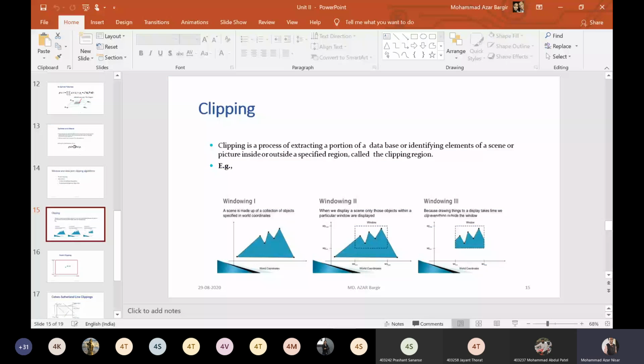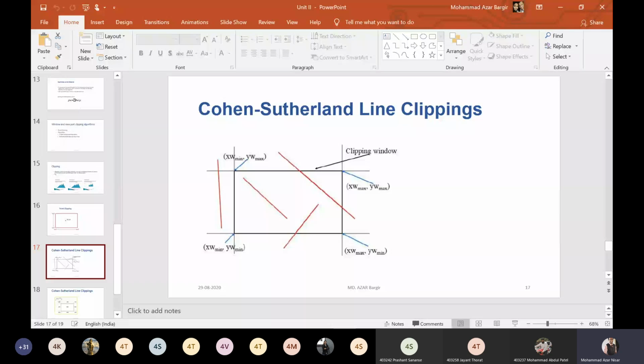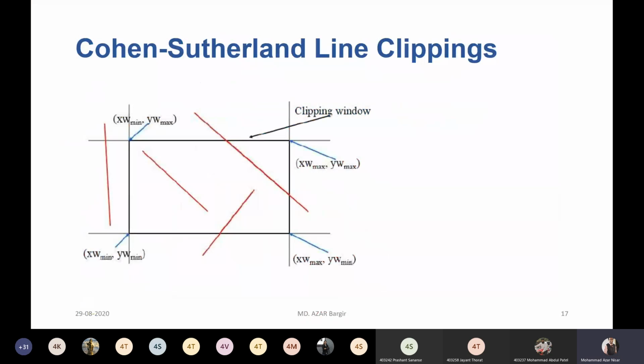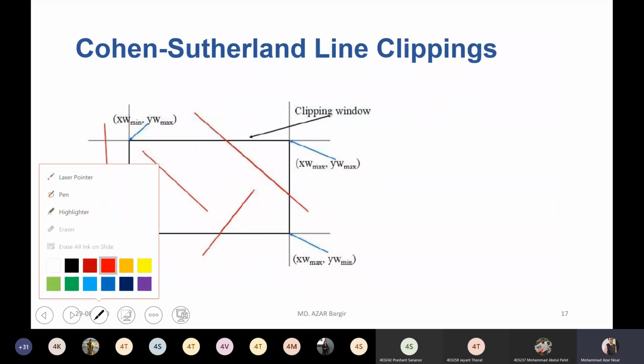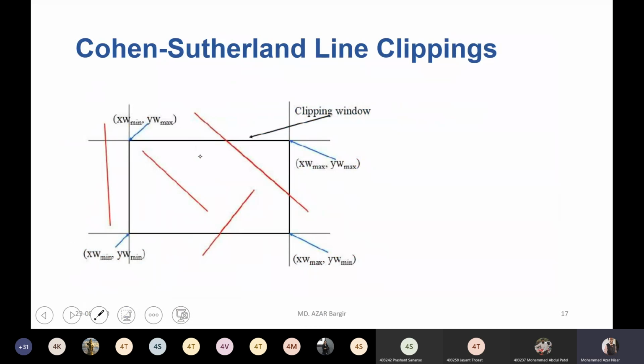Next, the line clipping algorithm. In this also you can see, just a minute.